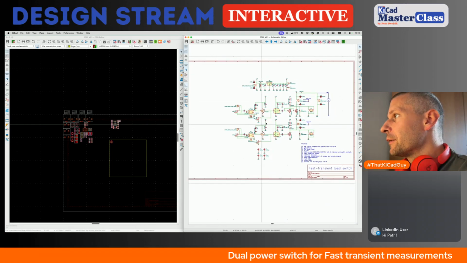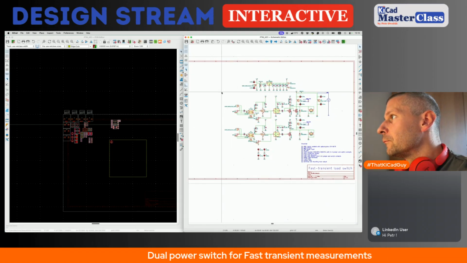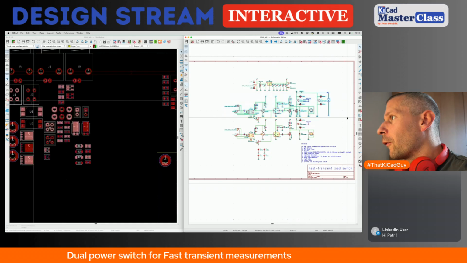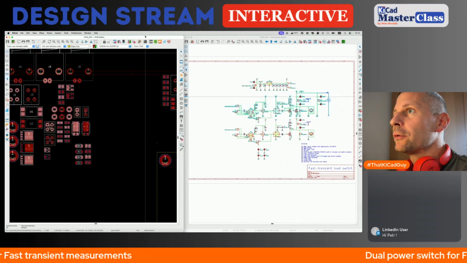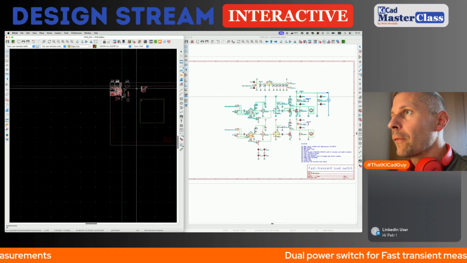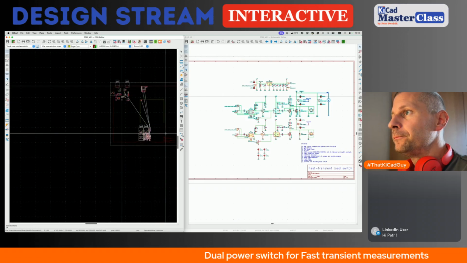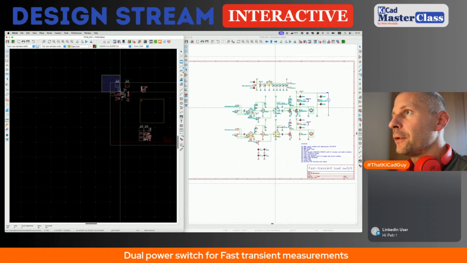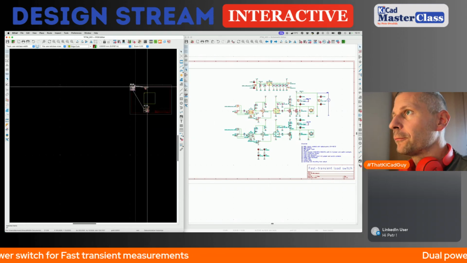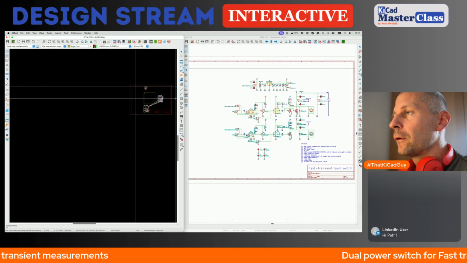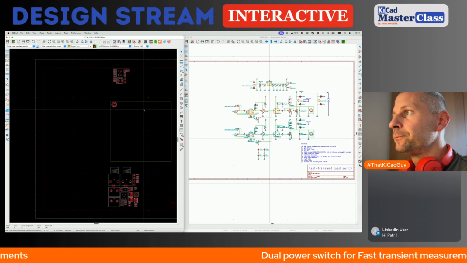Here is the block of the heavy load switch. And here is the light load switch block, like this. Okay.